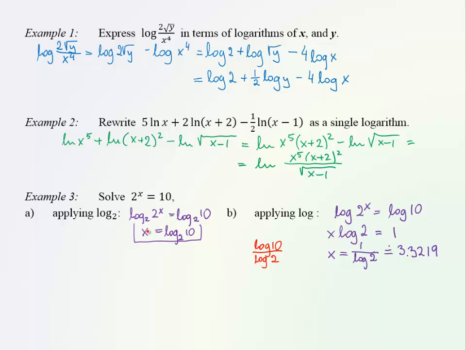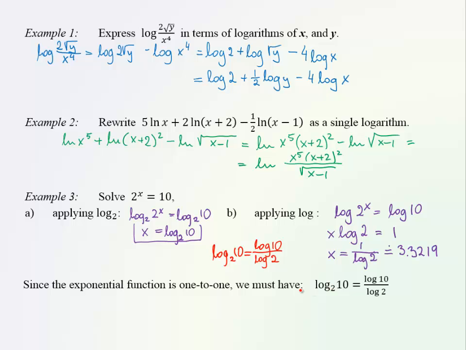On the other hand, x is equal to log with base 2 of 10. So these two expressions really mean the same number. Why is it so? Because the exponential function is one-to-one, therefore we can have only one solution. So x obtained by this way of solving and by that way of solving must be the same.